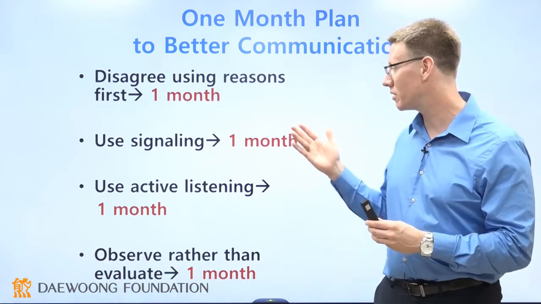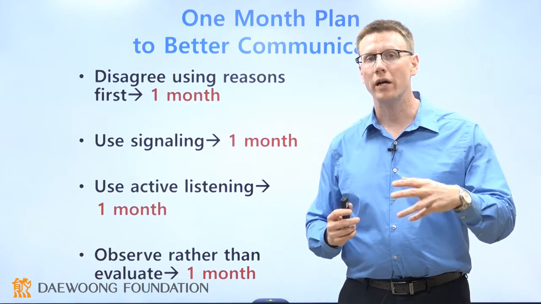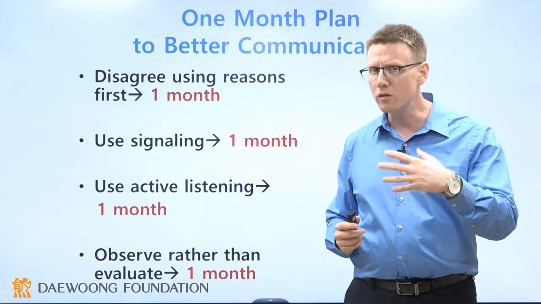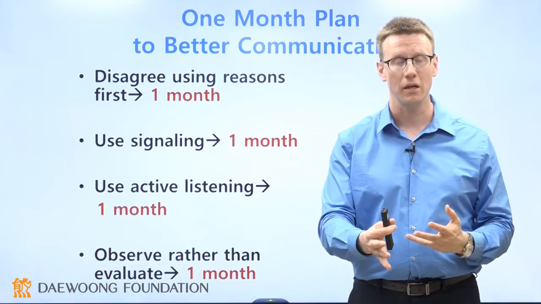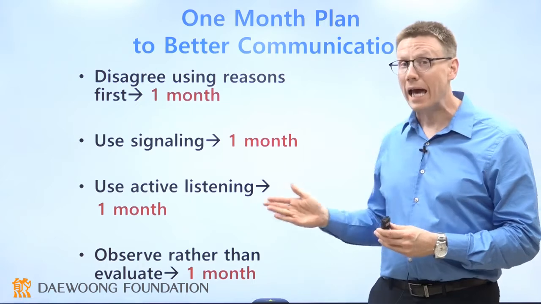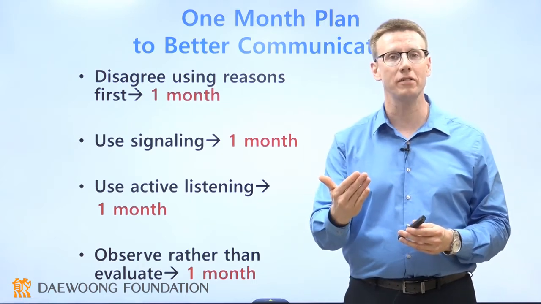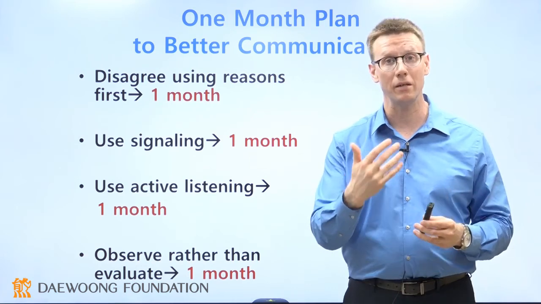Once you've done that and you go to the next month, whenever you have a discussion with someone or a meeting, try to use signaling for 1 month. Just focus on practicing signaling. Oh, I have a question about that, or I'd like to make a suggestion. Until again, that becomes natural and quite easy for you. Active listening. We talked about active listening where you want to summarize the main point of what someone has said and repeat it back to them.